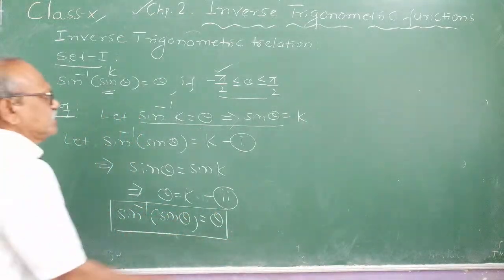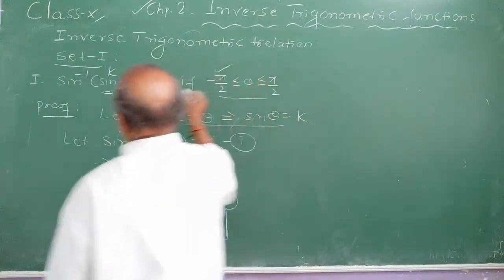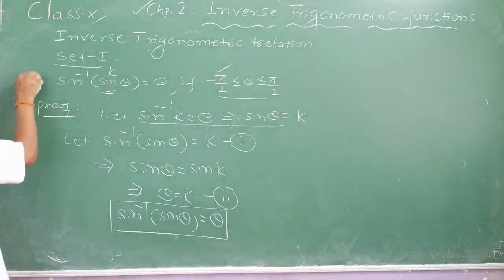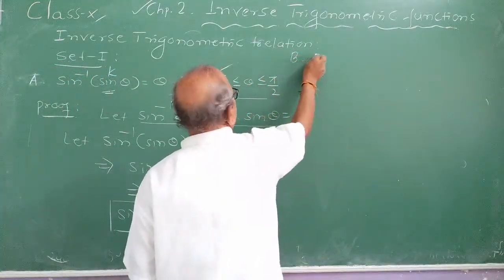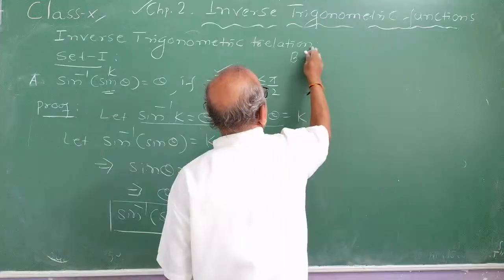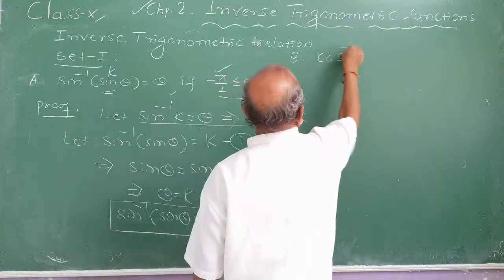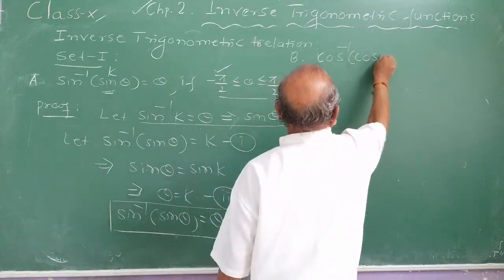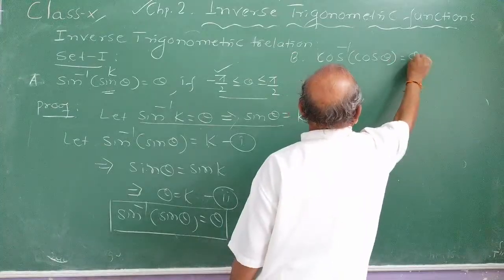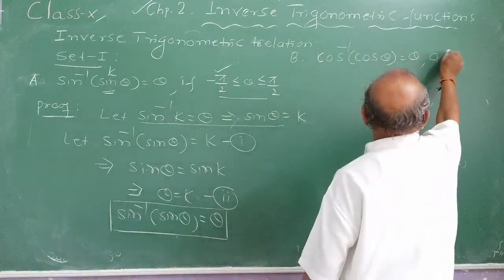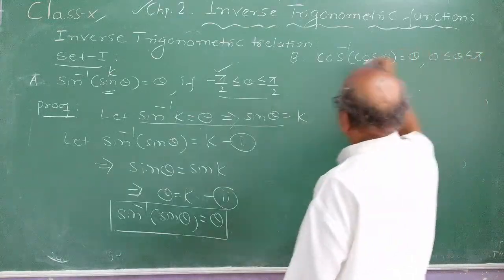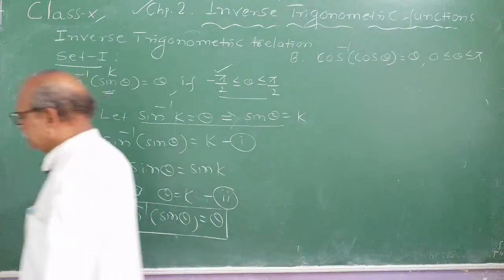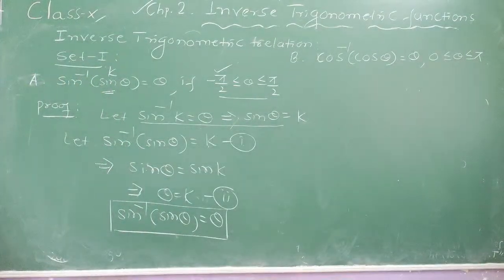Similarly, in the first set, this is A, you take B. Now you try to prove similarly: cos inverse of cos theta is equal to theta, provided theta lies between 0 to pi.